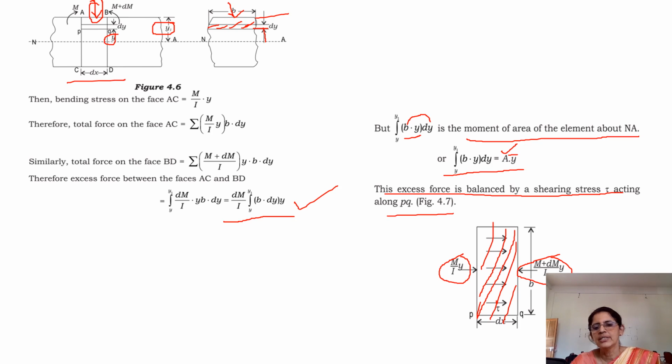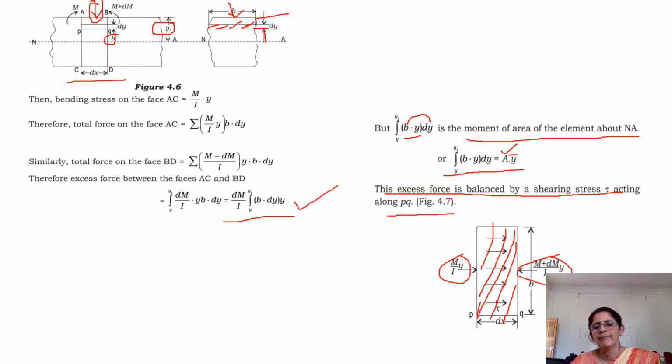On this side you have the bending stress M by I into y, and at this level M plus dM by I into y. So there is an excess force developed due to the change in bending stress. That has to be resisted by the shear stress developed on this hatched area, and that hatched area is dx into b. This is the level PQ we are talking about.